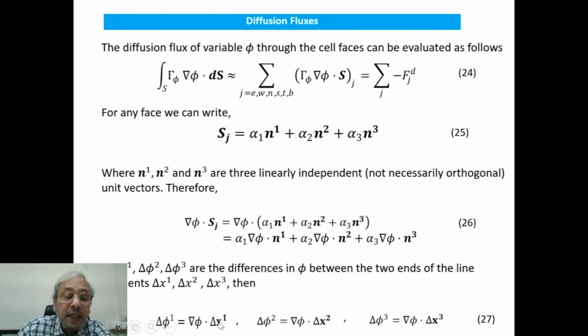Please note that this delta x1 and this delta x1 are not the same. This one is bold and defines a vector quantity, whereas this is the magnitude. I will come to it in detail in the next slides. So delta phi 2 is grad phi dot delta x2. Similarly, delta phi 3 equal to grad phi dot delta x3.